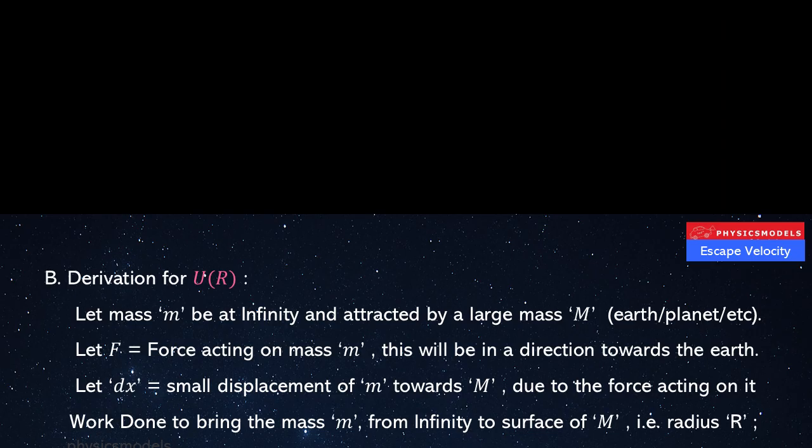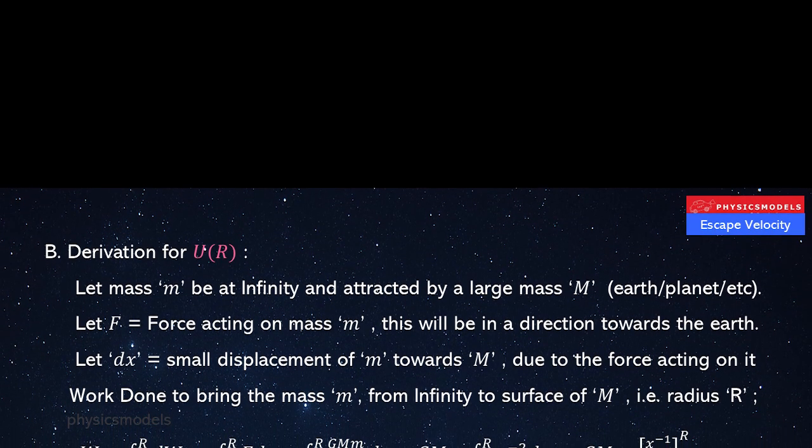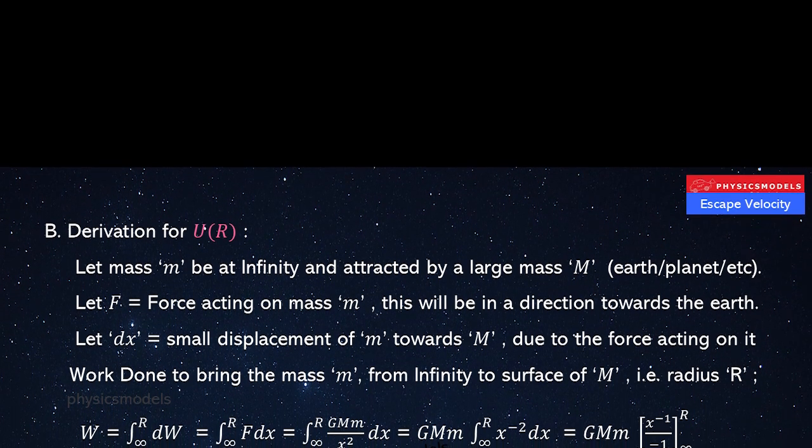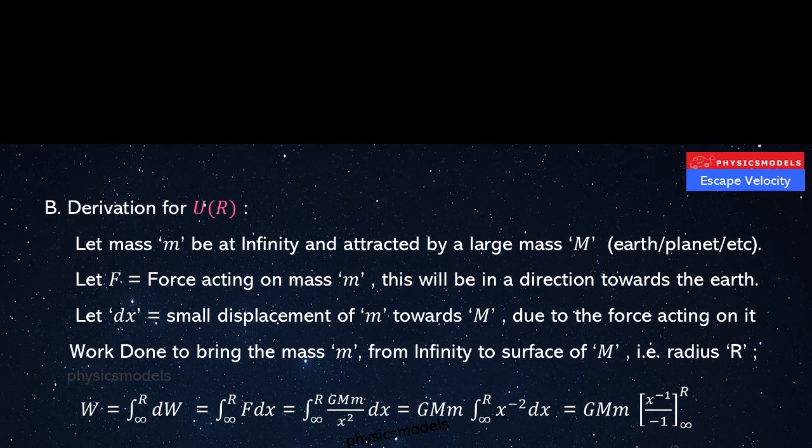Let's derive the work done, which is defined as the work done to bring a mass from infinity to the surface of the Earth, which is at a radius r. Therefore, work equals the integration of dW. We put the limits as infinity to r. dW is nothing but the gravitational force F into the small displacement dx. F is GMm by x squared.